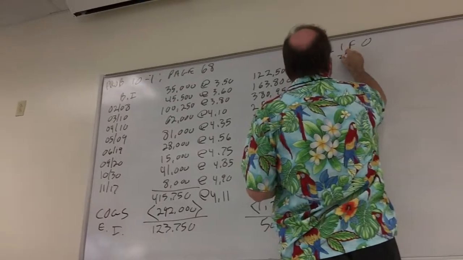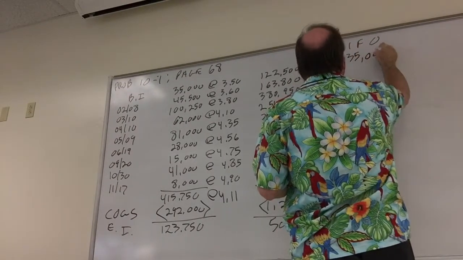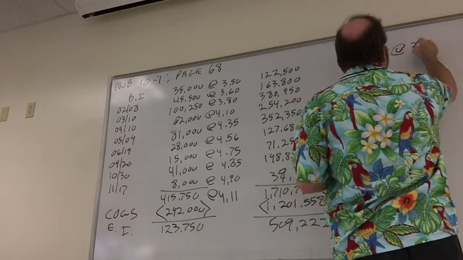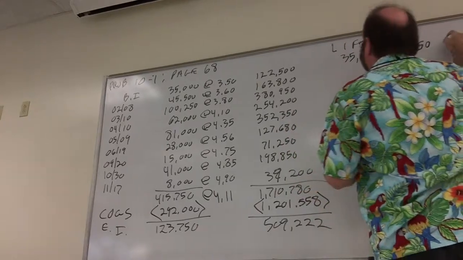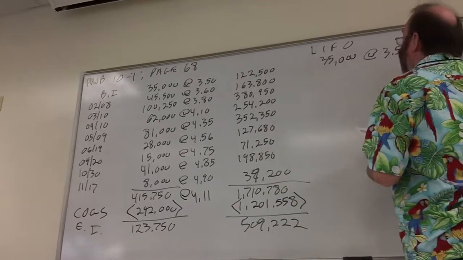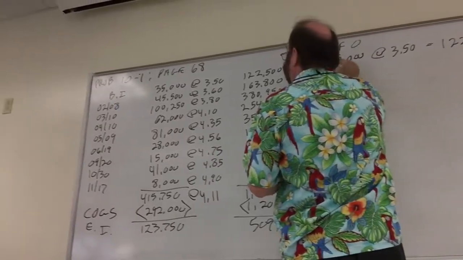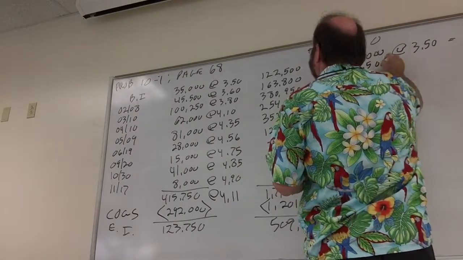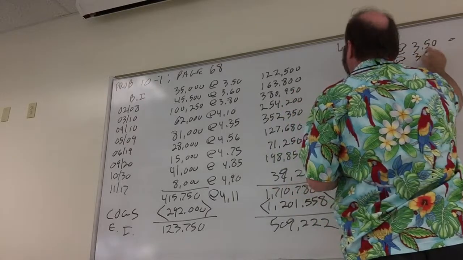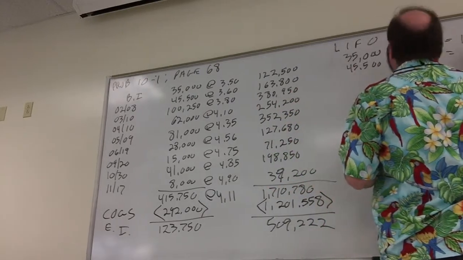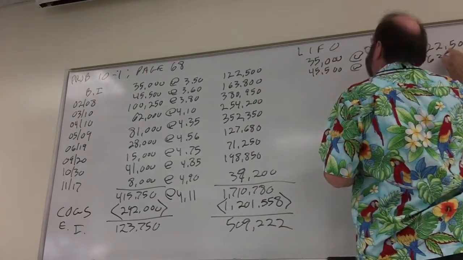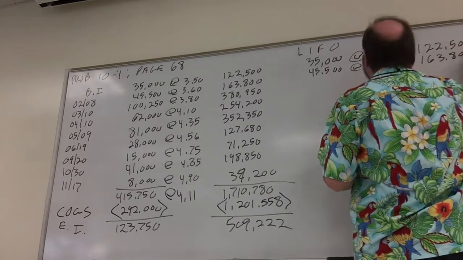You have all 35,000 at $3.50 for the 122,500. You've got 45,500 at $3.60 for 163,800.